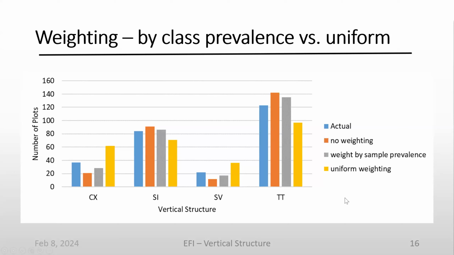So this weighting can be a powerful way of adjusting our predictions to meet some expectation of what might be in the population. The problem with the weighting is we didn't know what the weights should be. If we knew what the distribution of these vertical structures were in the population, we could use that for weights.